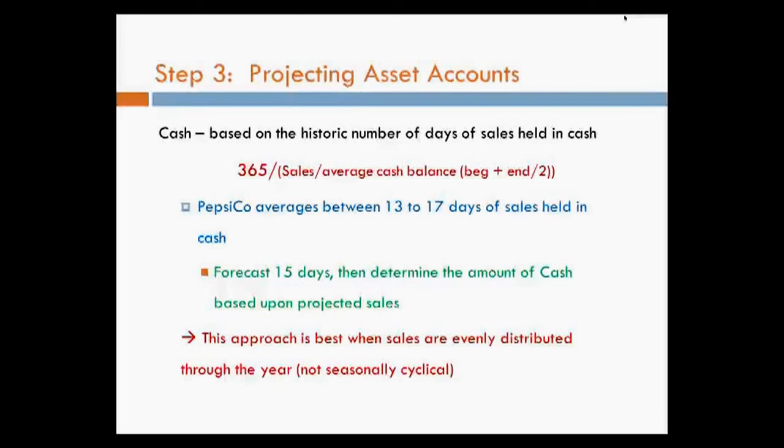So the number 365 gives you the days, you take your sales and divide it by your average cash balance, beginning and end divided by 2, that's your average. And that will tell you your number of days of sales held in cash.